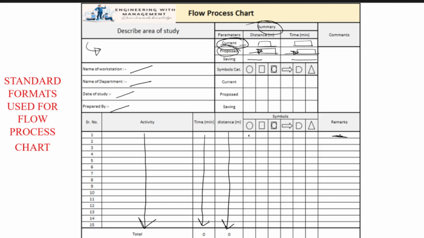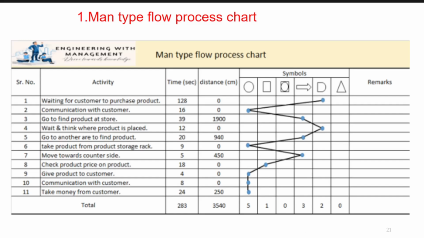So in remarks, if I am combining two activities, I need to write down that I am combining the activity. So this is the standard format for the flow process chart. Now, friends, let us go to the man type flow process chart example. So here, man type flow process chart.